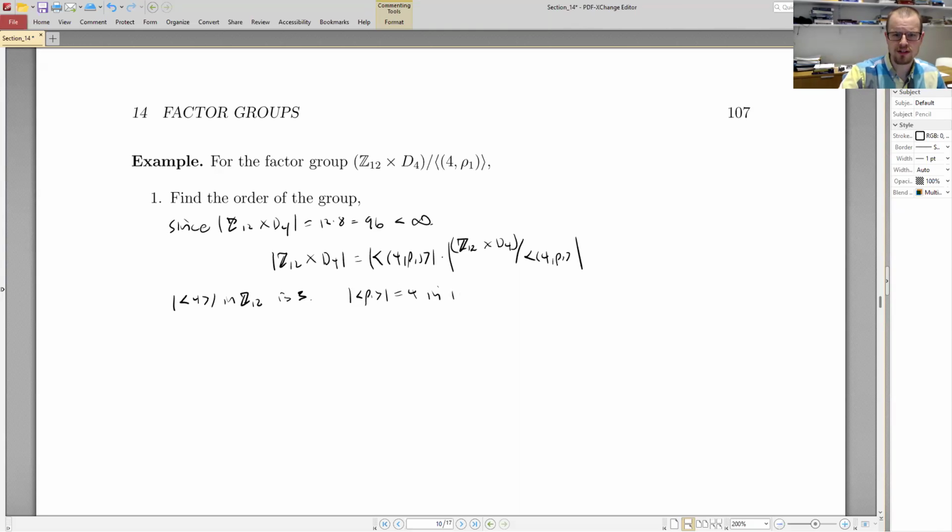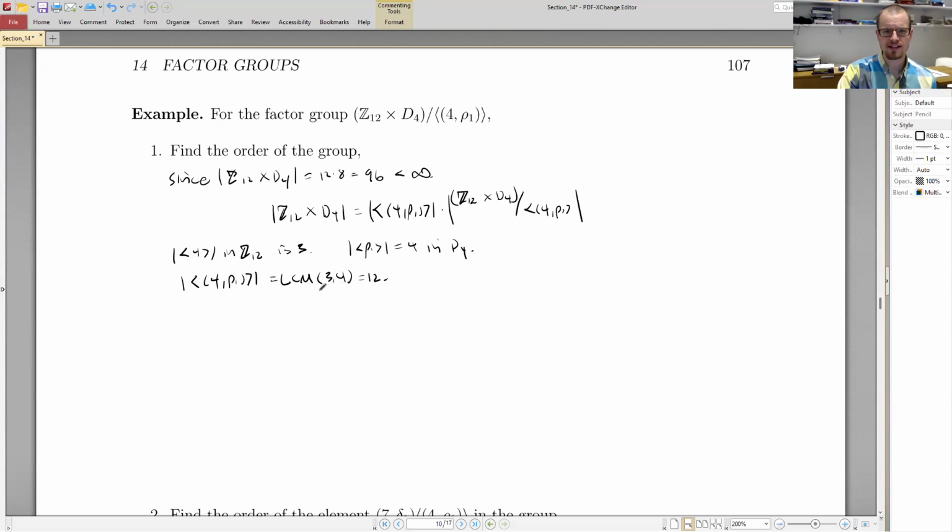Of course, that's in D4. So the order of what's generated by 4 and row 1 is going to be the least common multiple of 3 and 4, which is 12.